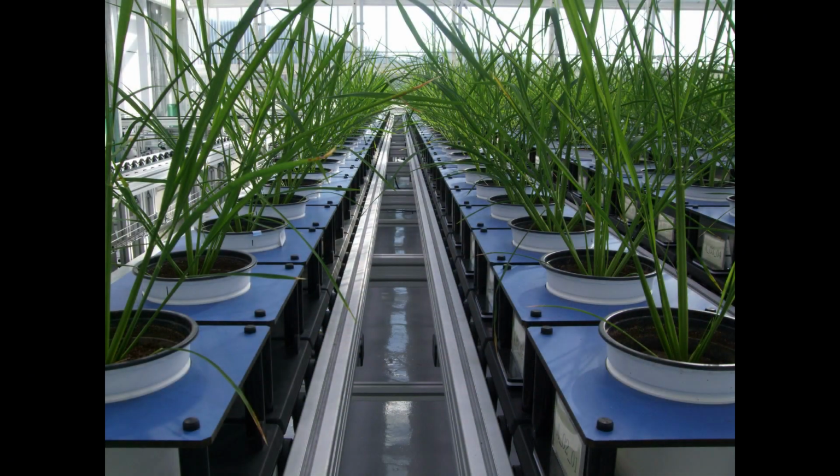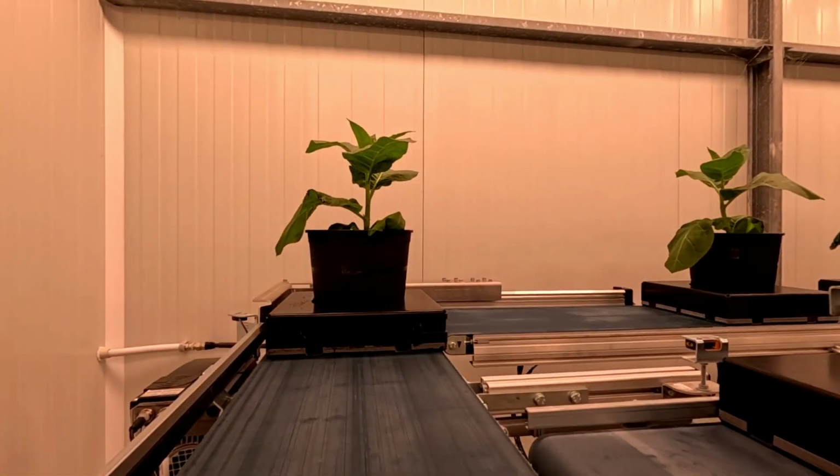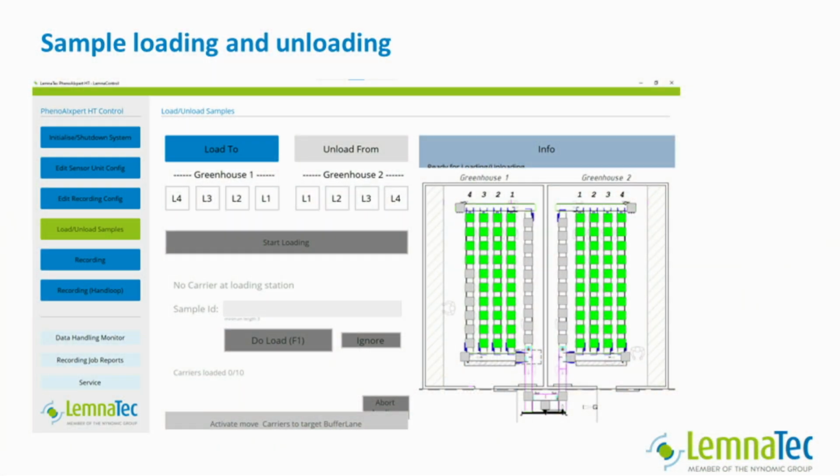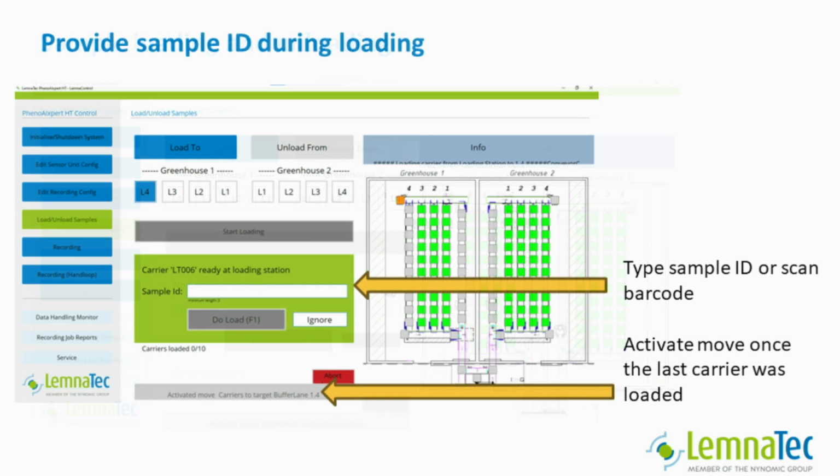In a PhenoAIxpert HT, plants are located on carriers, and these carriers move to the imaging stations. To get the carriers with the plants into the system, there is a loading function in the software of the PhenoAIxpert HT. With this loading function, users can assign sample names to the carriers so that the system knows which plant, which sample is standing on what carrier.